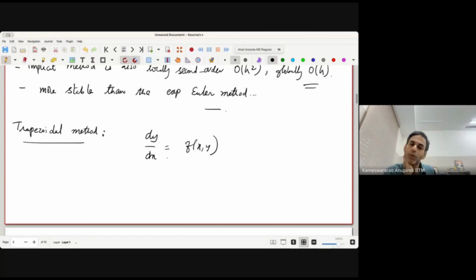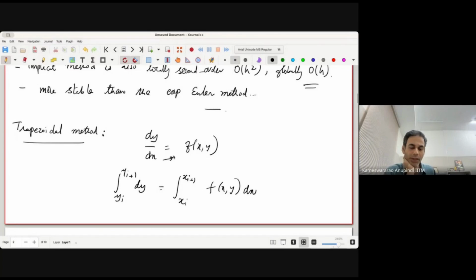And if I were to look at this integration analytically, then essentially we want to solve this from some yi to yi plus 1. We want to integrate, yi to yi plus 1 equals integral xi to xi plus 1 f of xy dx, right?